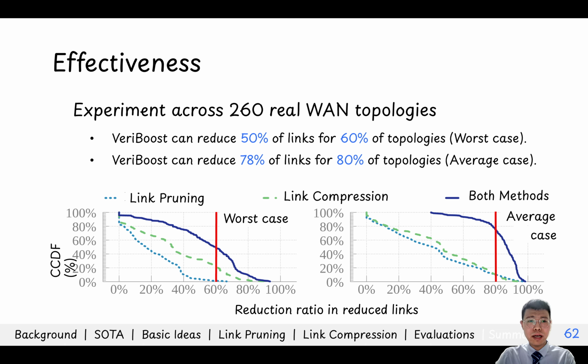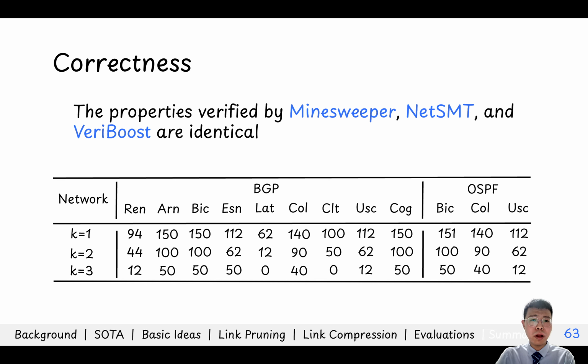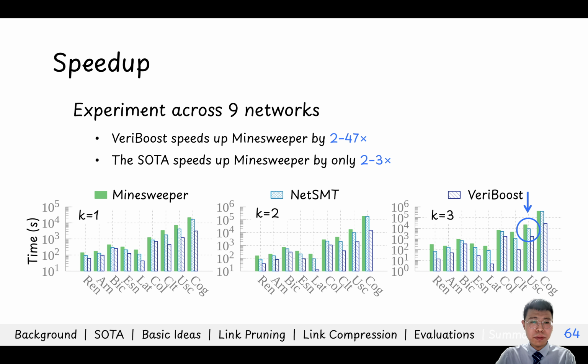These evaluation results show that VeriBoost is effective across different types of network topologies. Moreover, we also verify the correctness of VeriBoost. The evaluation results show the property verified by Minesweeper, SMT, and VeriBoost are identical. This proves that VeriBoost is correct.